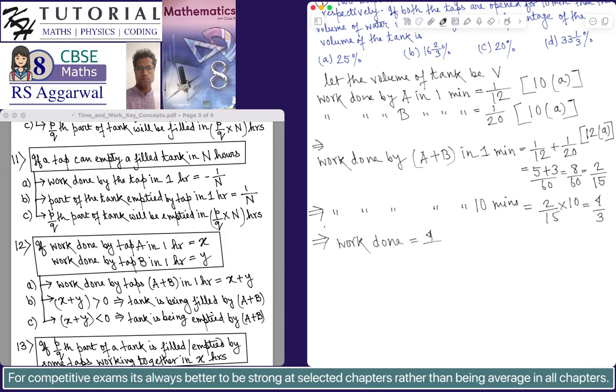The work done by A plus B in 10 minutes is 4 by 3, so we can say that 4 by 3 part of the tank is filled by A plus B in 10 minutes. A work done of 4 by 3 essentially means 4 by 3 part of the tank is filled.